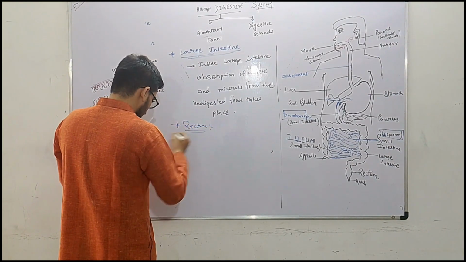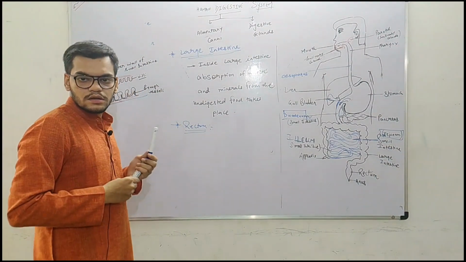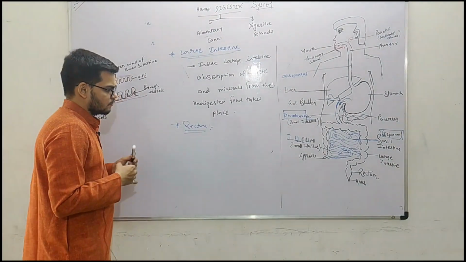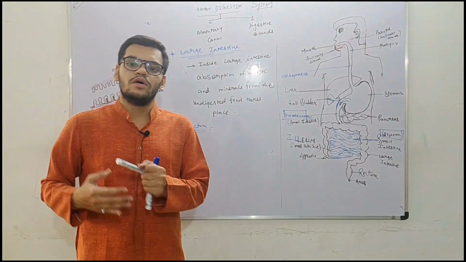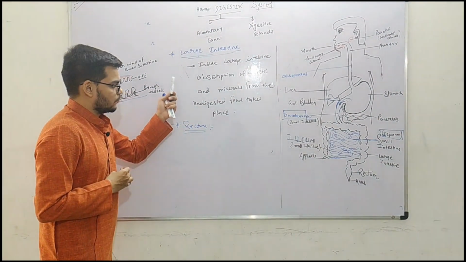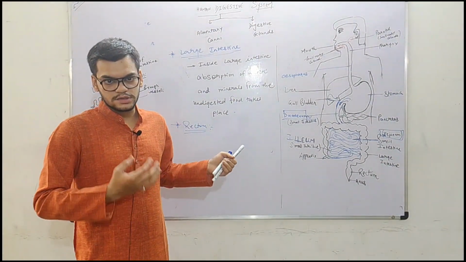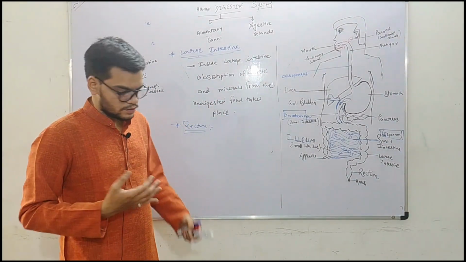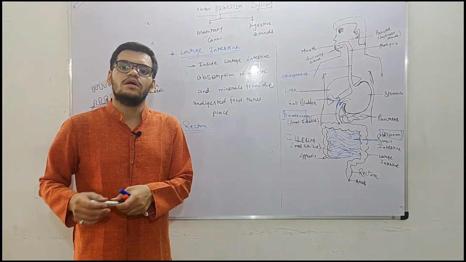So the rectum is the temporary storage of feces or undigested waste. Now we cannot call it food because it is now waste. It is an unwanted thing, because whatever nutrients are there, digested nutrients are absorbed, water and minerals are also absorbed. So it is now useless. So it is called waste.